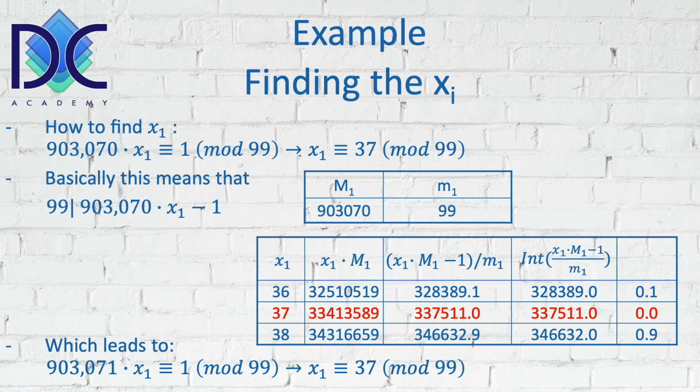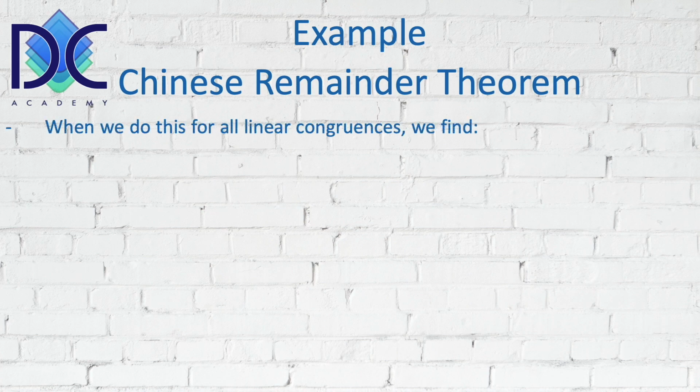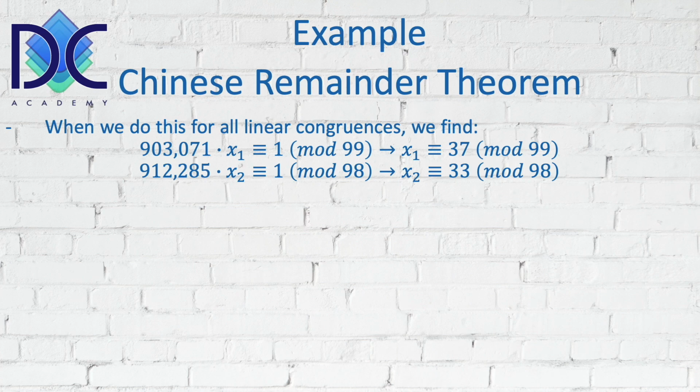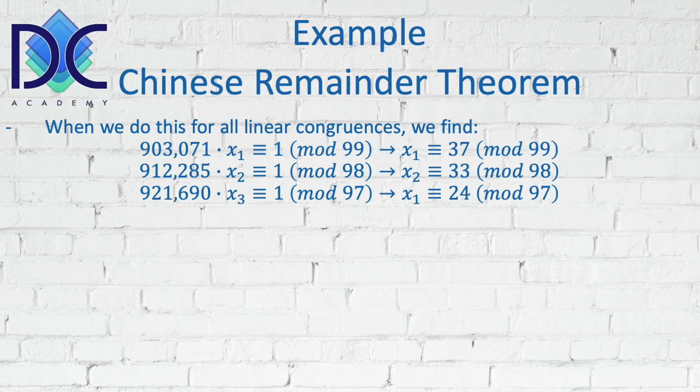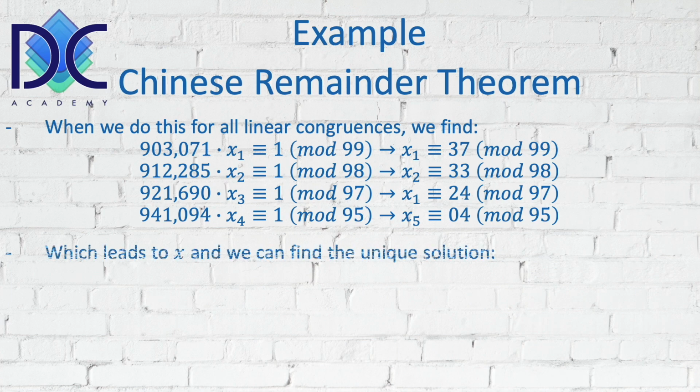We do that for all the different elements, so you can easily make that calculation in Excel. And we do that for all the linear congruences. So we find for x2 is congruent with 33 modulus 98. For x3 is congruent with 24 modulus 97, and x4 is congruent with 4 modulus 95.